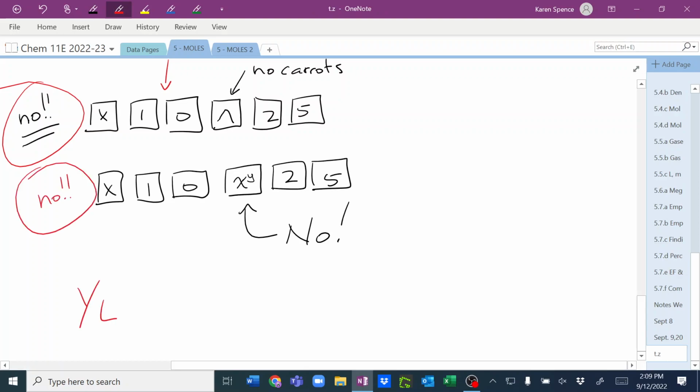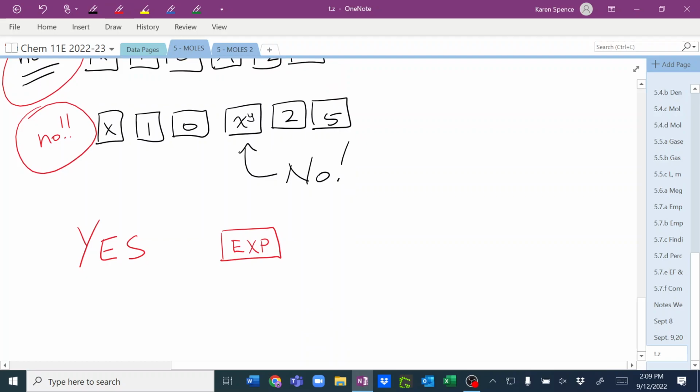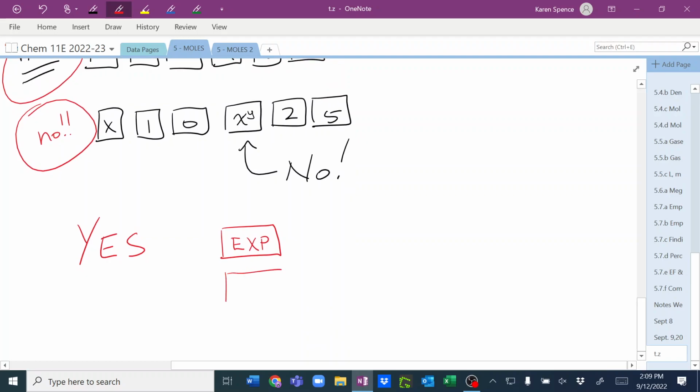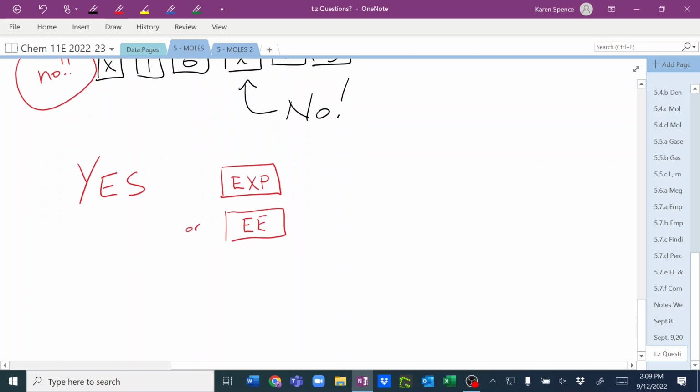The yes button has 3 different forms depending on your calculator. You might see a button that says EXP, or you might see a button that says EE, or you might see a button that says times 10 to the x.